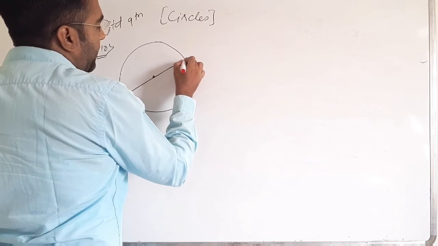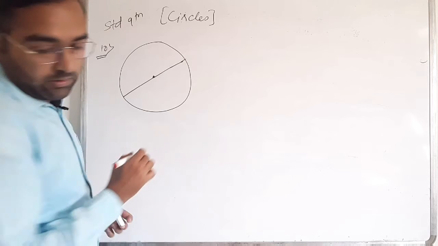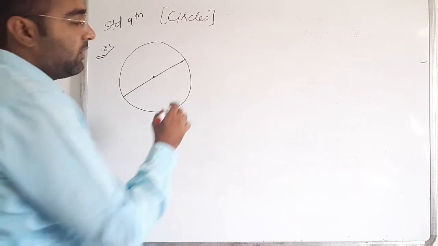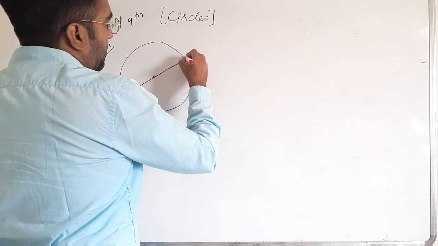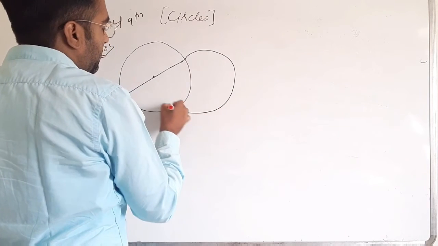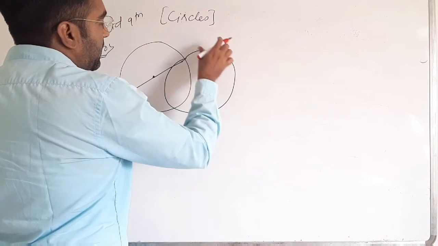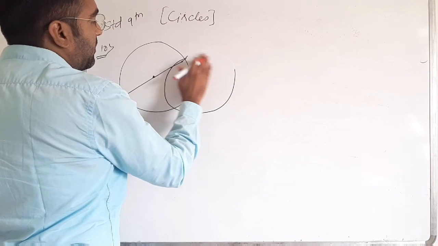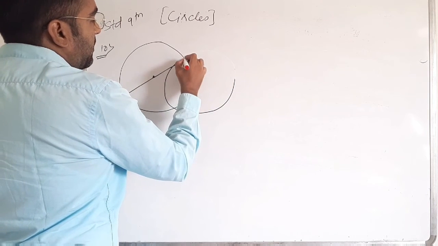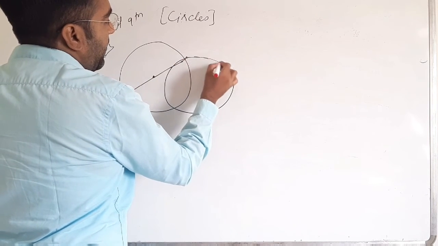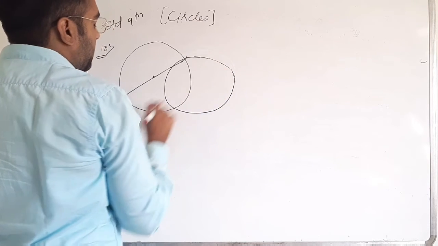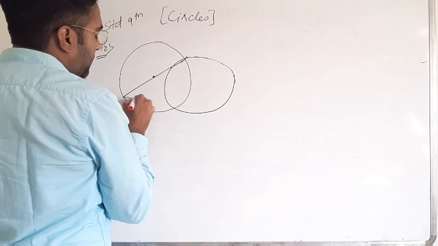So we have to prove that the point lies on the third side of the triangle.